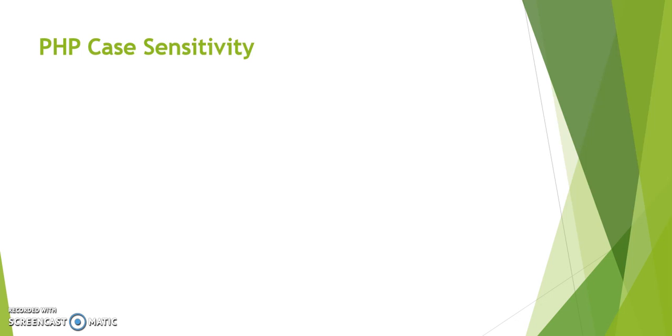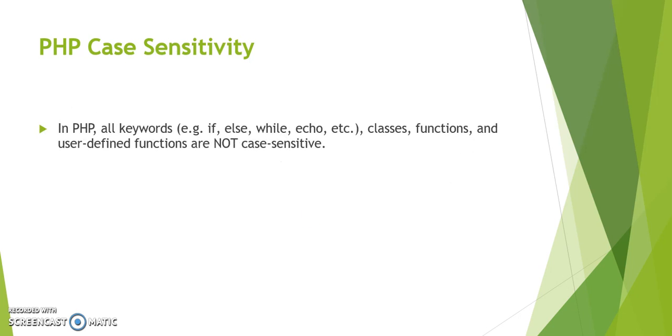PHP case sensitivity. In PHP, all keywords such as if, else, while, echo, etc., classes, functions, and user-defined functions are not case sensitive. That is, we can use if as capital IF, else as capital E-L-S-E, and so forth.